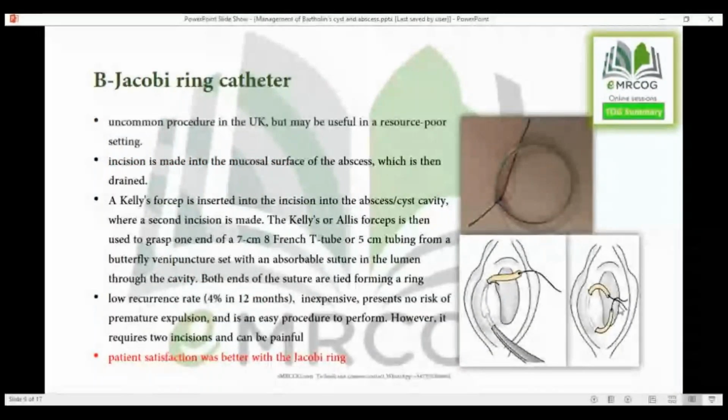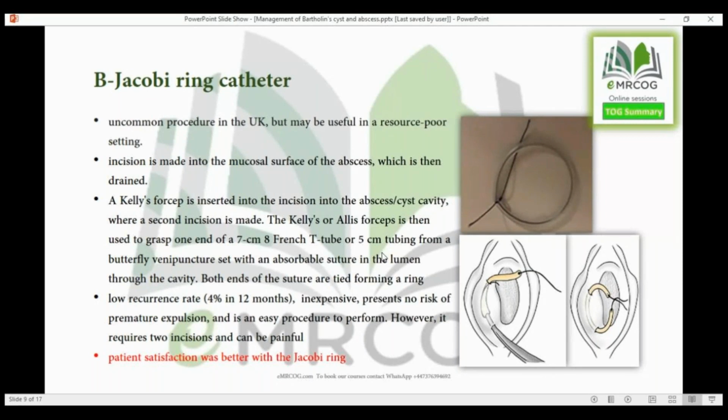So what I can do, I can bring a catheter like this, okay, and do an incision as we said before, and insert my catheter. So I'm doing another form of fistula, but it's, let's say, a cheaper one. Yes, this is a resource poor technique.